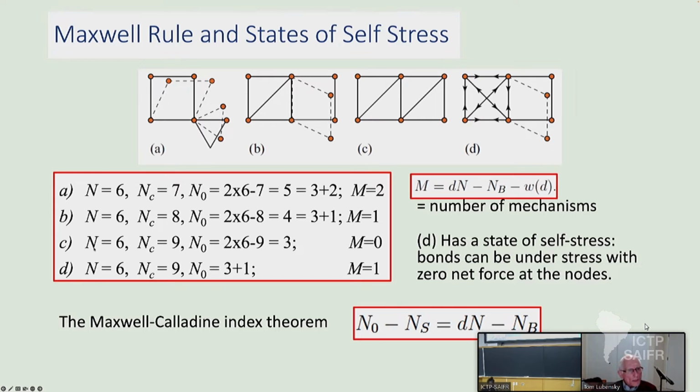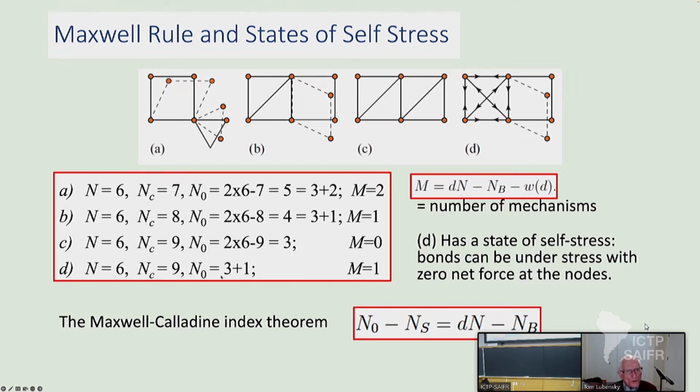And if we do the count, the number of sites is still 6, the number of bonds is still 9, and N0 is equal to 2 times 6 minus 9 equals 3 in this case, because now, I'm sorry, we did this one. And 12 minus 9 is equal to 3 plus, what it's not.